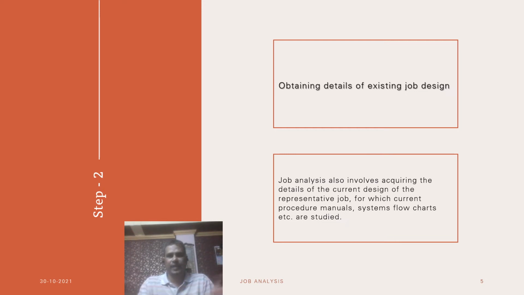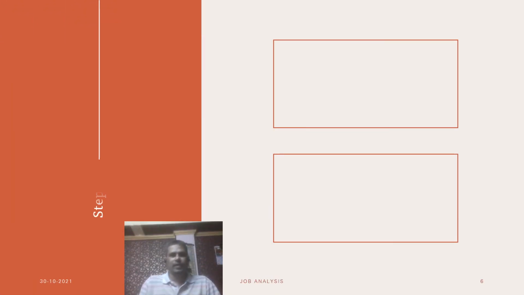That might include getting the procedural manuals of the job, or the flow charts related to the communication or the tasks, how they flow about a particular job, and the reporting structure of the job, all that which is already designed. You gather and study that information. So now that you have a plan, you start the job analysis by gathering the information about the current or existing job design.